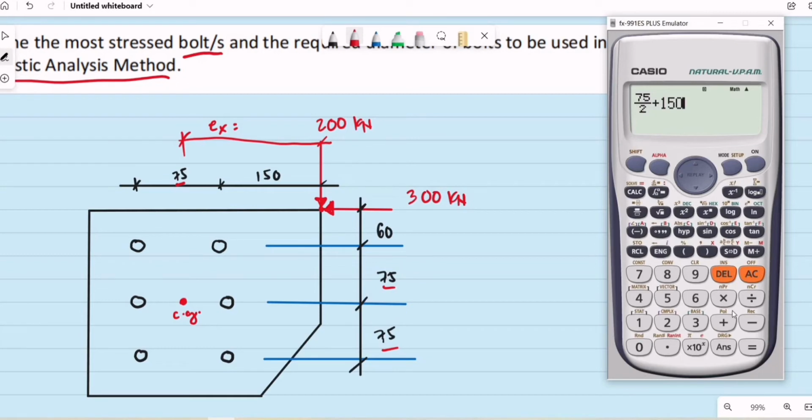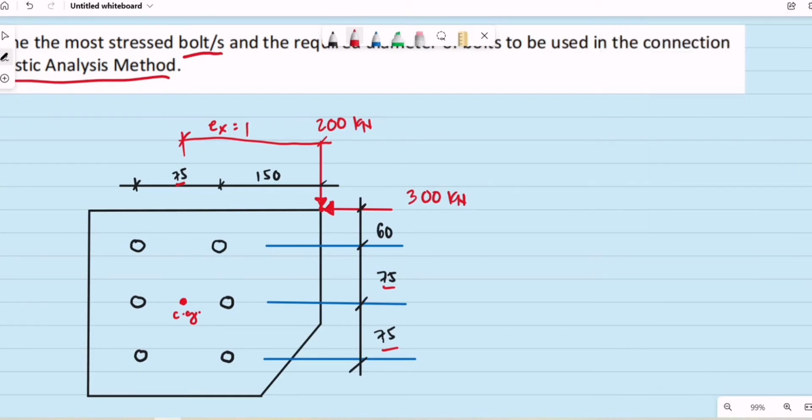These units are in millimeters. So this is 187.5 mm. Then for the eccentricity along the y-axis, this is for the 300 kilonewton load. That is basically 60 plus 75. So let's say this is our E sub y.